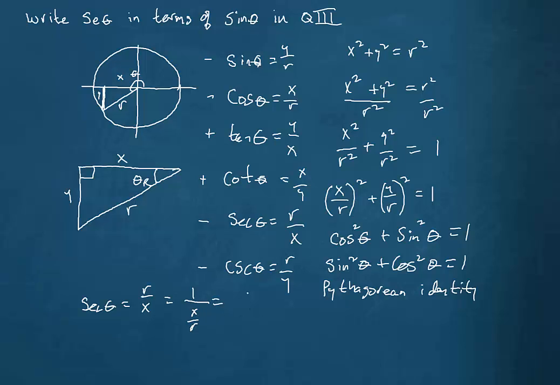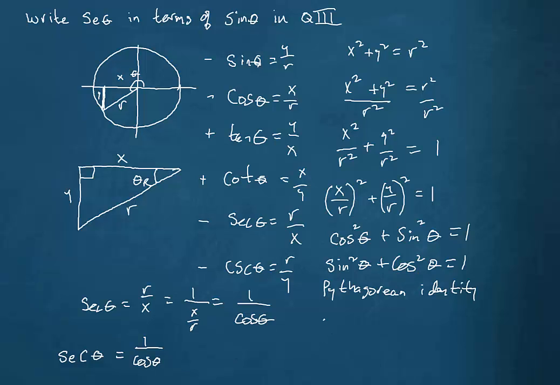But x over r is just the cosine, so this would be the same as 1 over the cosine of theta. So here's another identity that we have. This is called an inverse identity, and it is the secant of theta is equal to 1 over the cosine of theta.